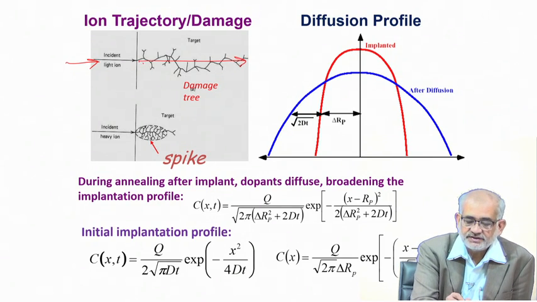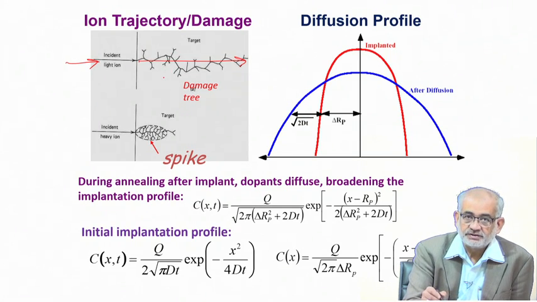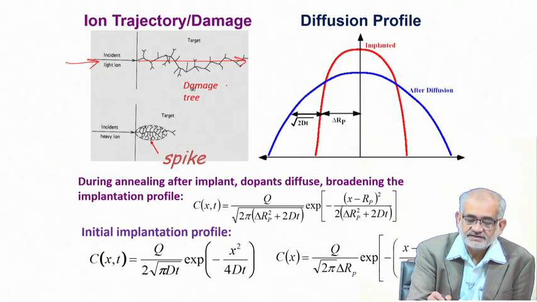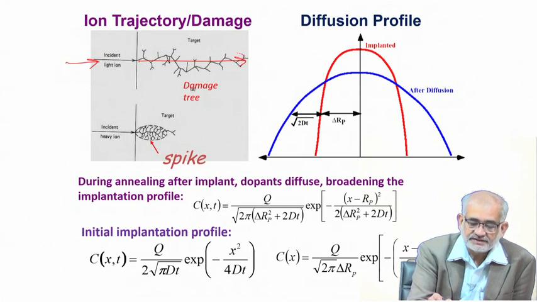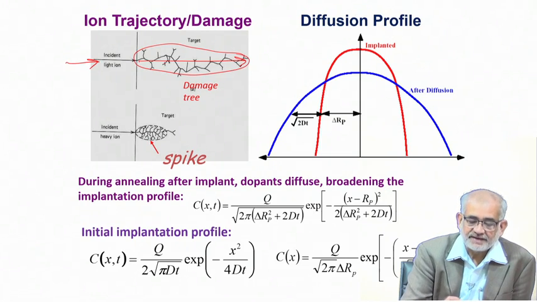As soon as they enter, they'll encounter a collision with an existing lattice ion and get deflected, in turn will collide with another, and that will be set in motion, and the second and the third species now will collide with another. So there'll be multiple collision events, forming a kind of cascading effect, and in the process what you create is an area of so-called damage tree.